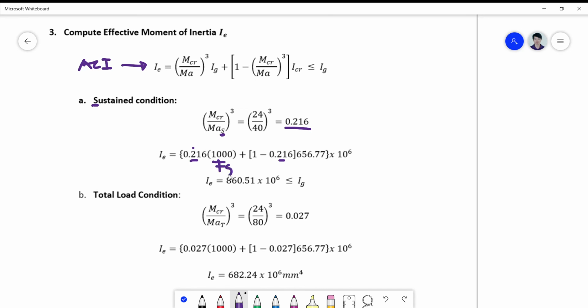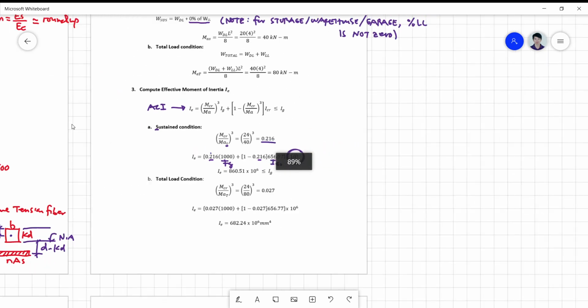So this is your IG, and this is your ICR. Of course, I removed the times 10 to the 6th there to make use of manageable decimal places here.